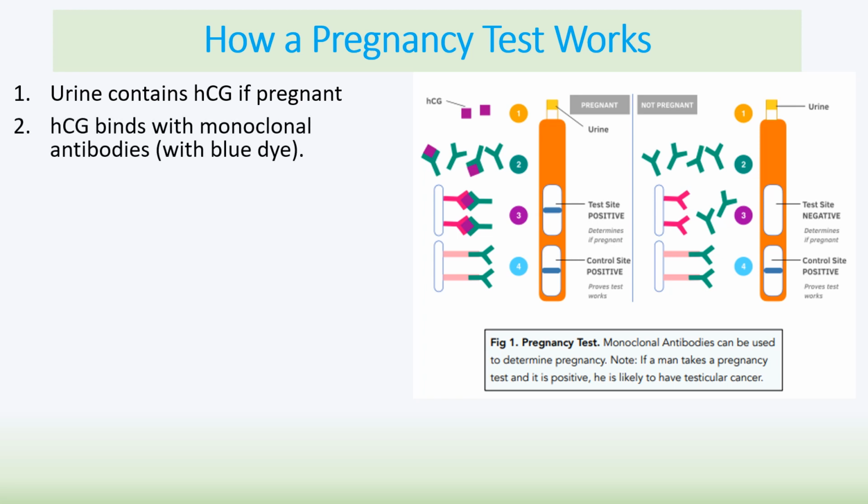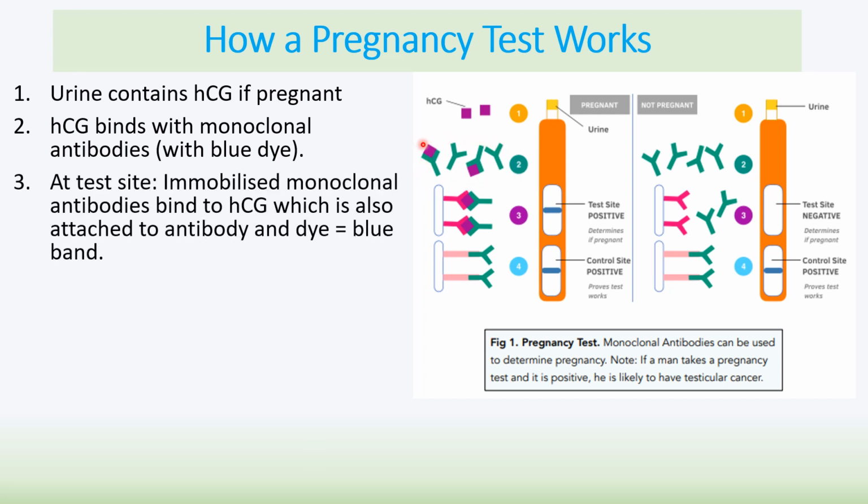HCG then binds with what we call monoclonal antibodies, which you can see at number 2 here, are all unique, and they all have a receptor with a shape on it that binds to the HCG hormone. They have a blue dye attached to them, which eventually is what you see appear on the stick.